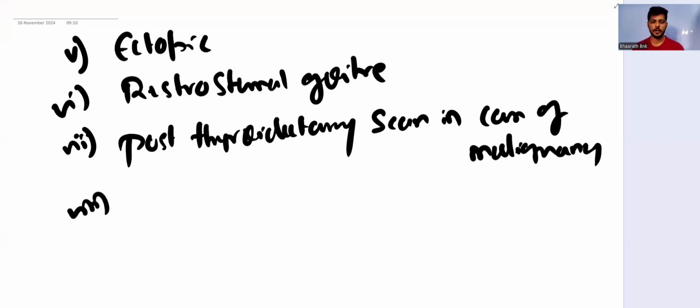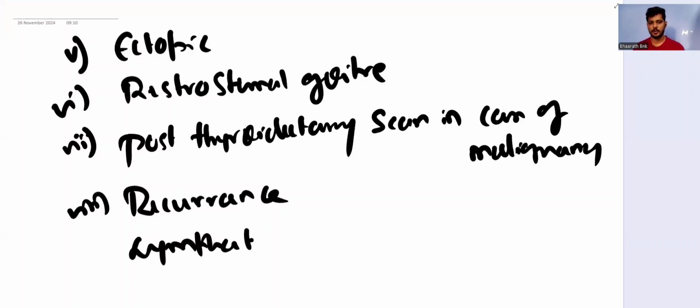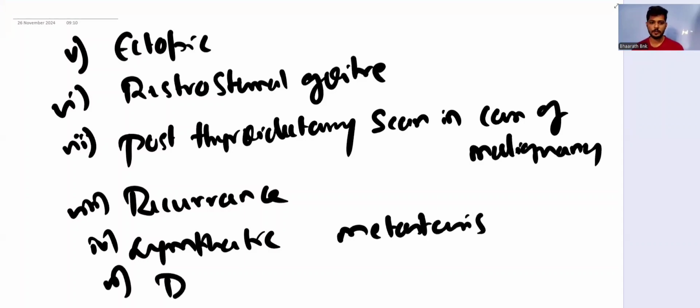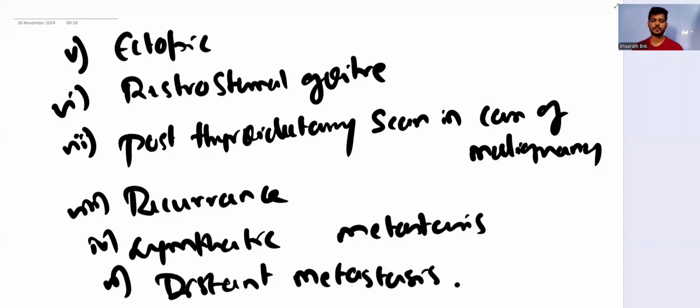Also for recurrence of the disease, lymphatic metastasis, or for distant metastasis. So wherever there is a thyroid tissue, we want to categorize whether this is hyperfunctioning or hypofunctioning. This can be used. So these are all the diagnostic applications.